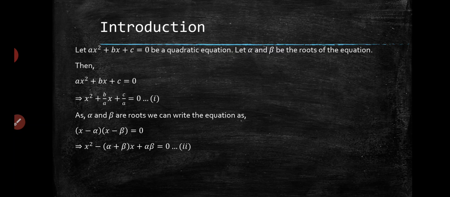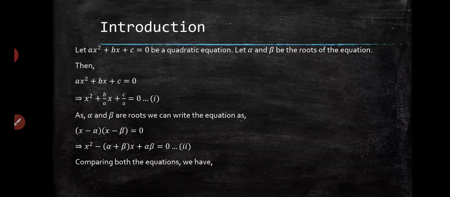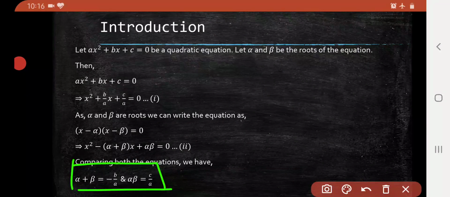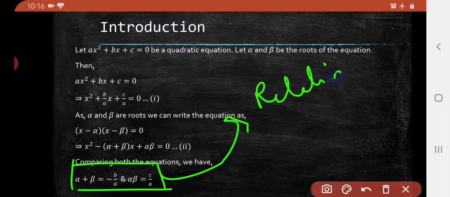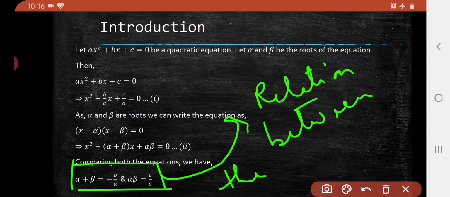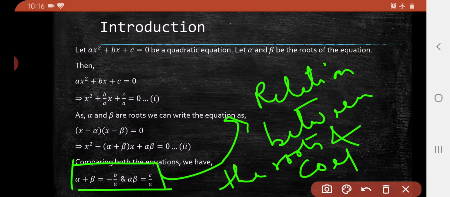So from here, if I compare, I can write alpha + beta = −b/a, and alpha beta = c/a. So this is our relationship between the roots and the coefficients.